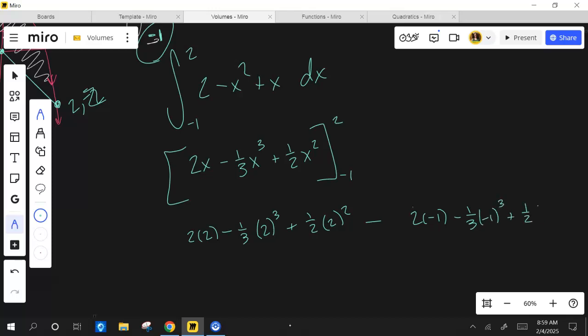Technically, if you were on an FRQ, you could stop right there. But if you do all this, you get 9/2. I did that in my head.